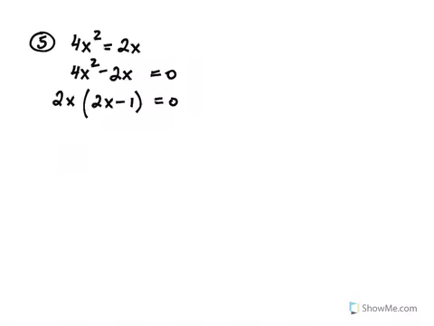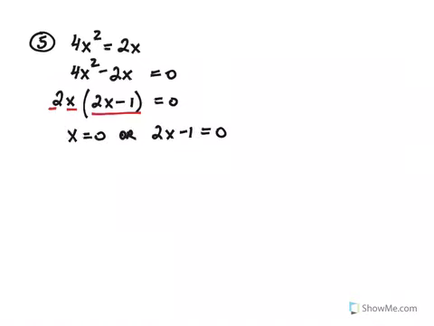Now I have three factors in fact. One of them is 2, another one is x, and the third one is 2x minus 1. I could set each of the three factors equal to 0, although setting 2 equal to 0 makes no sense, so we can just leave out the constant factor and just set factors that contain a variable equal to 0.